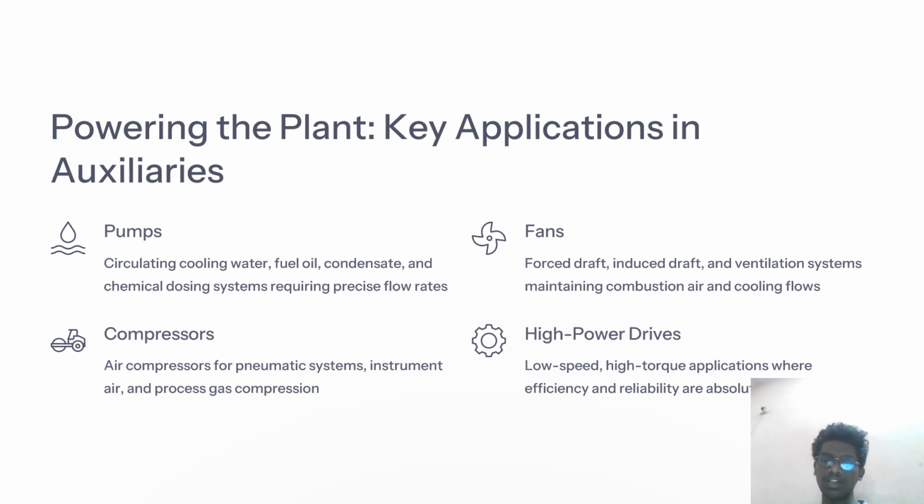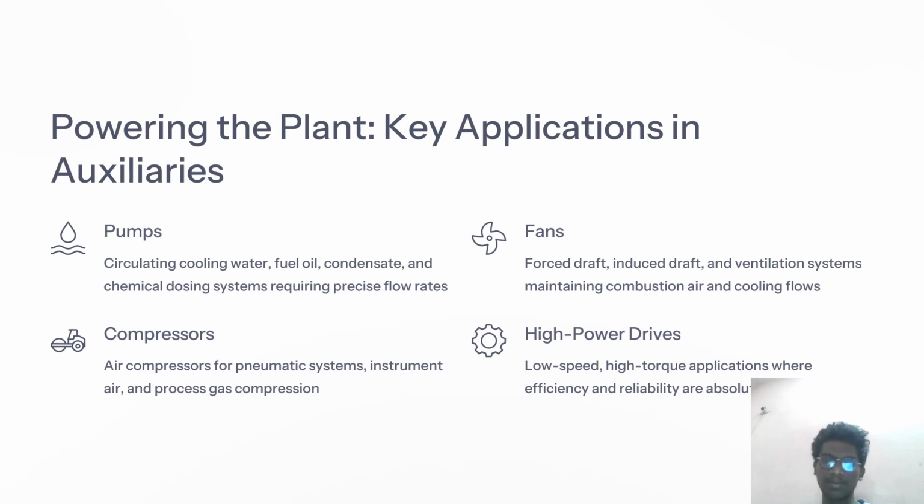Fans: forced draft, induced draft and ventilation systems, maintaining combustion air and cooling flows. Compressors: air compressors for pneumatic systems, instrument air and process gas compression. High power drives: low speed, high torque applications where efficiency and reliability are absolute.